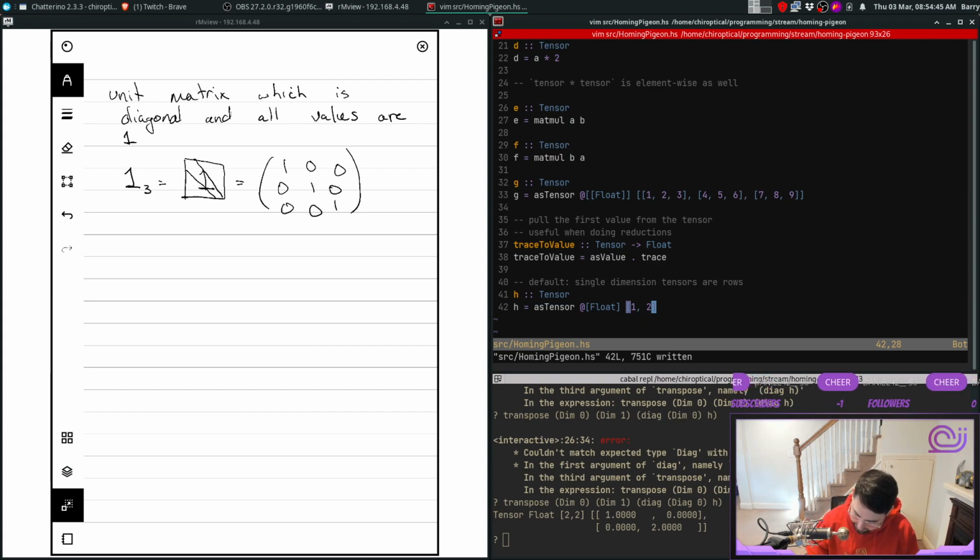Then we have a triangular matrix. This is where there are non-zero values either below or above the diagonal.